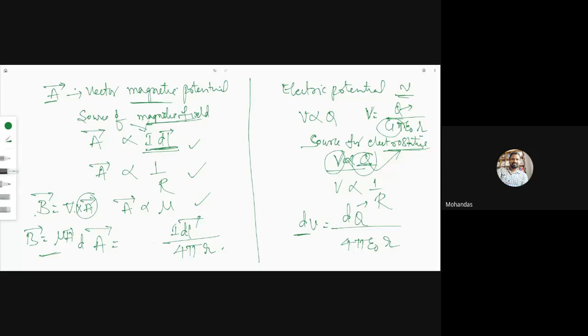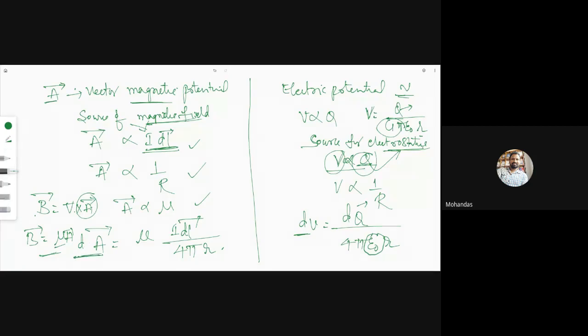There is an epsilon naught in the denominator there, but the vector magnetic potential is directly proportional to mu.